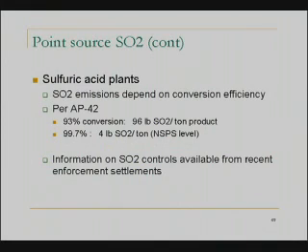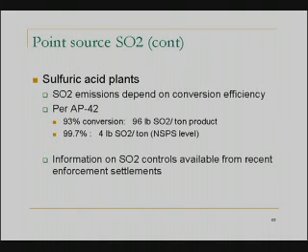More recently, there have been enforcement settlements within the last few months on sulfuric acid plants. Essentially, what a sulfuric acid plant does is it burns elemental sulfur into SO2 and captures that in a big scrubber. And essentially, if you increase the conversion efficiency of that process, you lower the SO2 emissions.